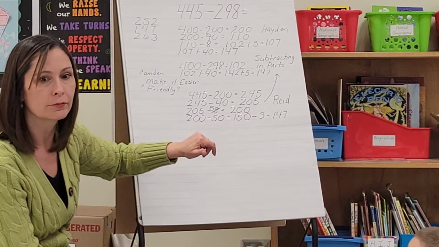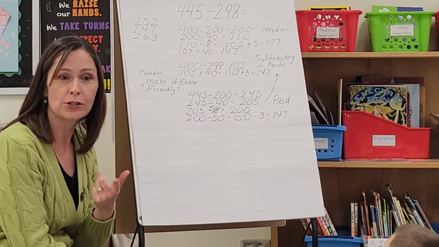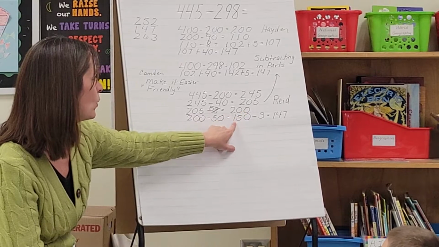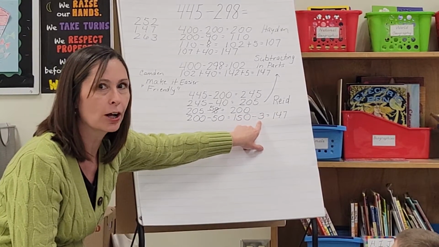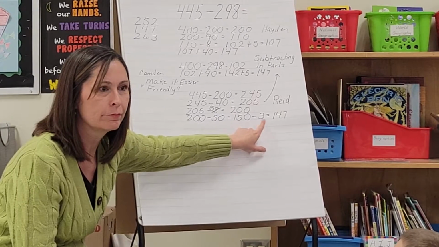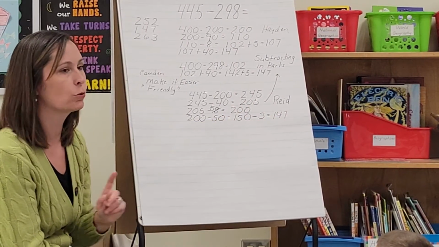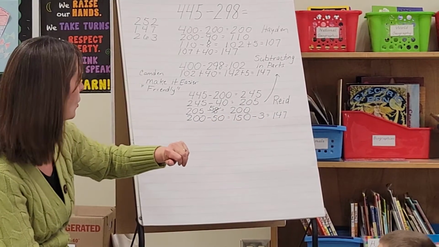The rest of the 90. Yes, the rest of the 90. You've used this strategy too? Yeah. And then that gave her 150, and then she took away 3, and where did the 3 come from? The rest of the 8, because she took away 5 and she had 147. So that would be another way to subtract in parts.